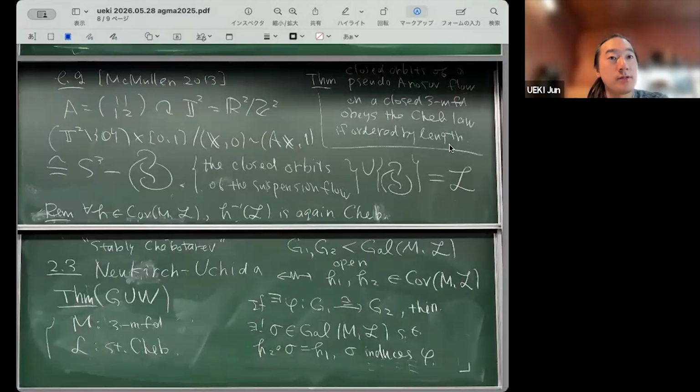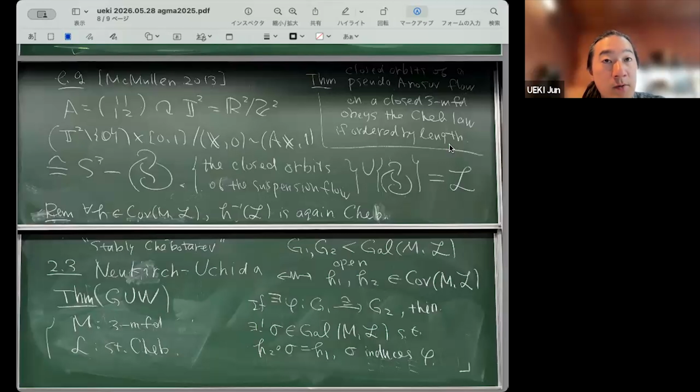Now I will state the main theorem, the Neukirch-Uchida theorem for three-manifolds. Let M be a three-manifold endowed with a stably Chebotarev link. Let G1 and G2 be open subgroups of the absolute Galois group, and let H1 and H2 denote the covers corresponding to these two groups.